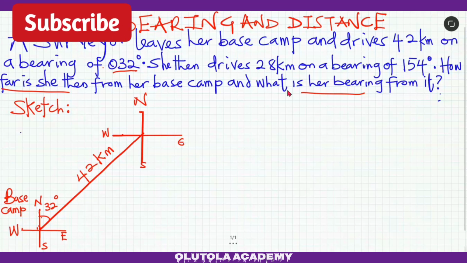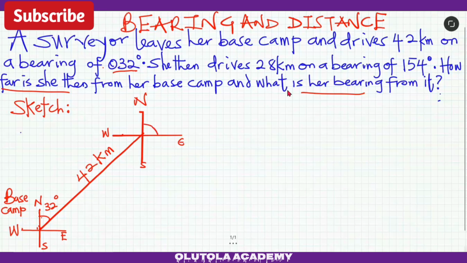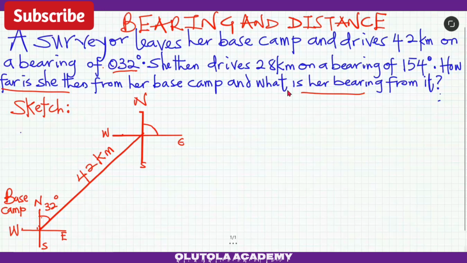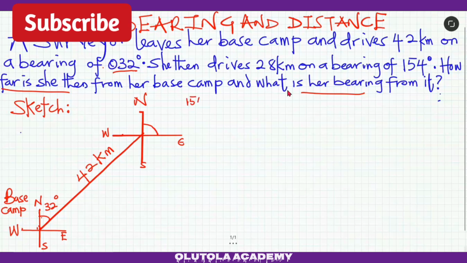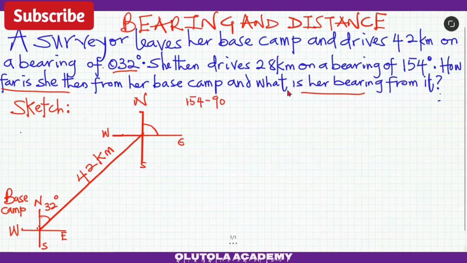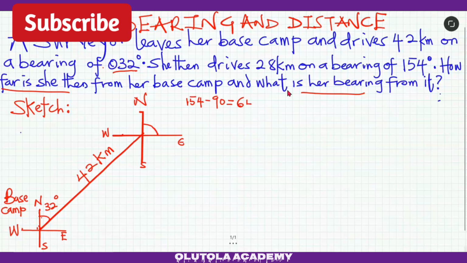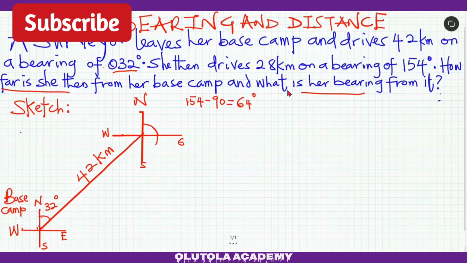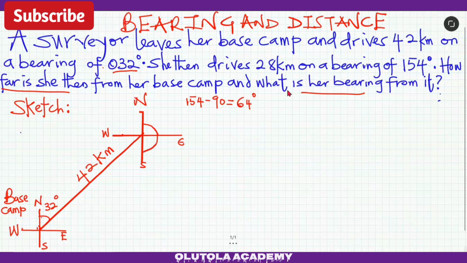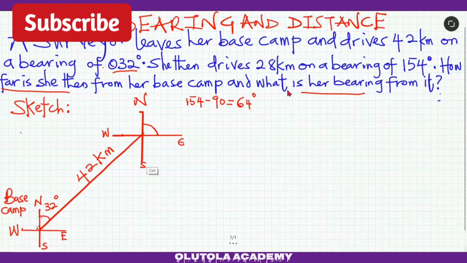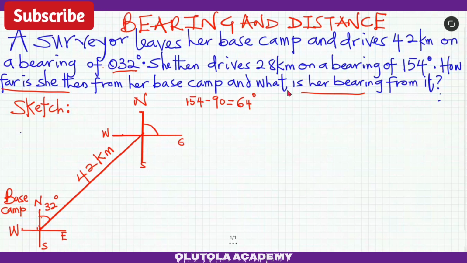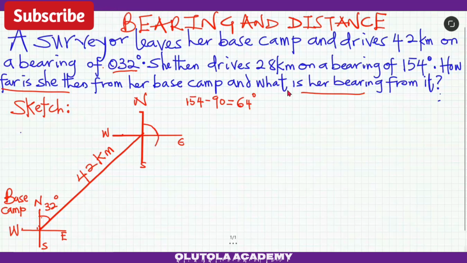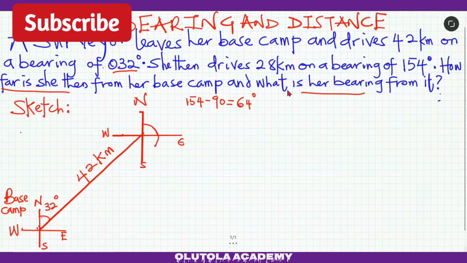From this point down to this point is 90 degrees. Then 154 minus 90 will give us about 64 degrees left. So I'll take it down a little bit. If I take it down here, that would be 180. But it is just 154 degrees, and 90 plus 64 will give me 154.